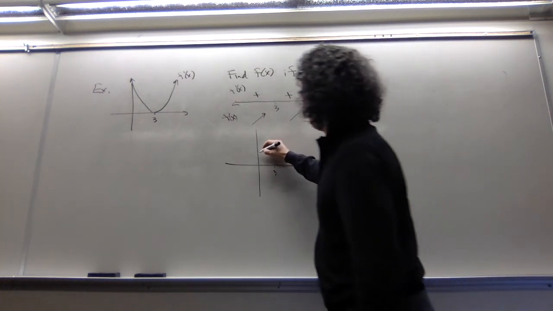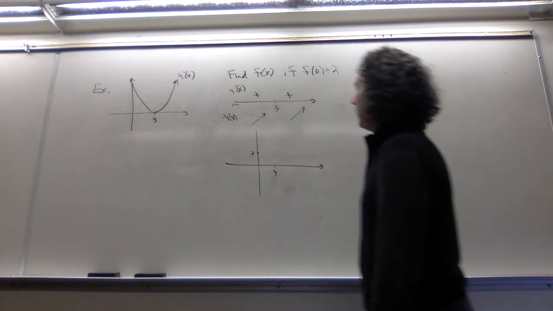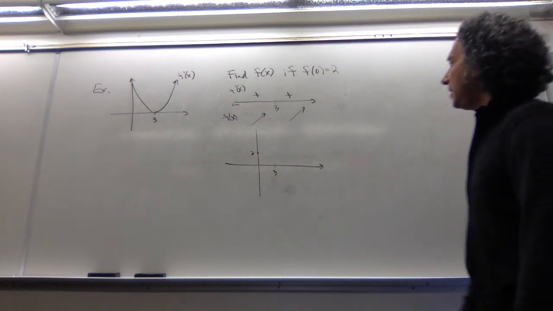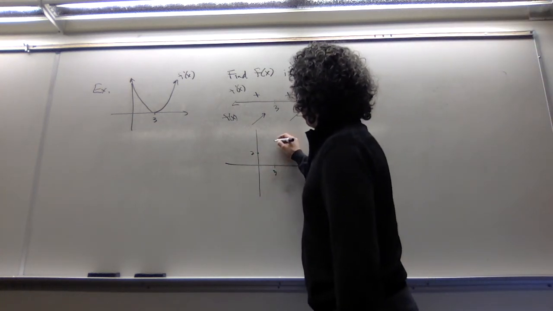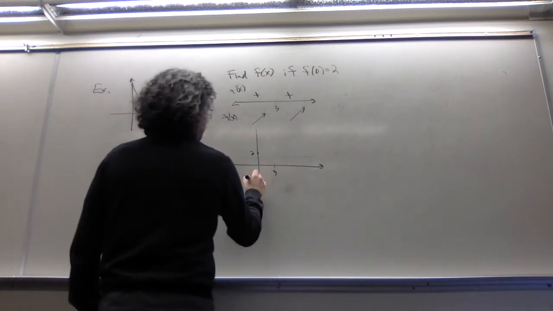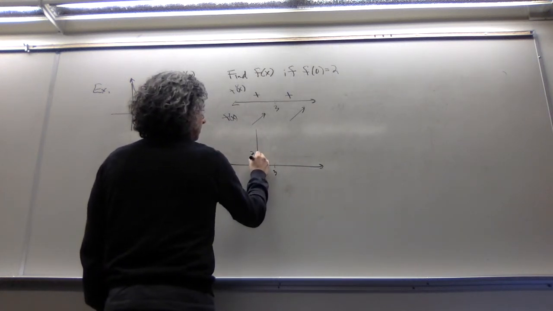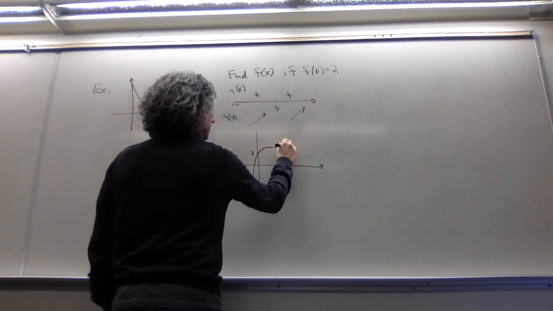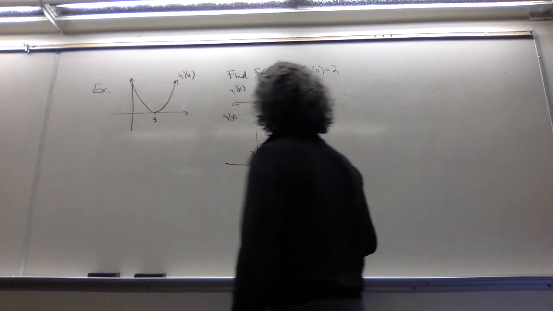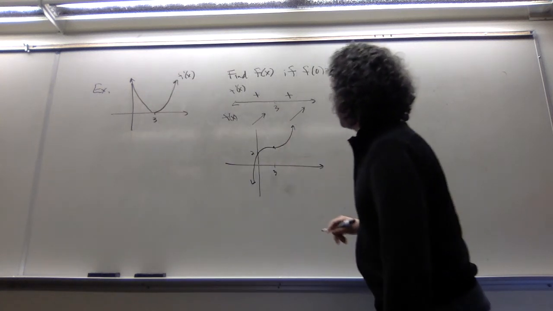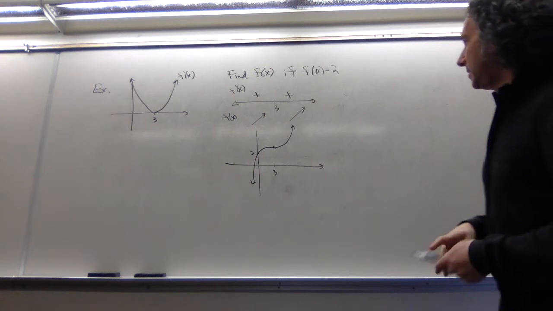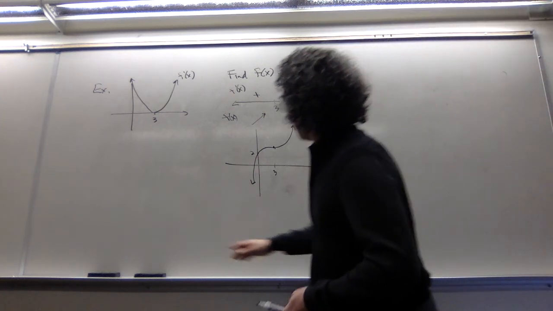So f of 0 is equal to 2, so it's going to go through that point. So I need to increase, horizontal tangent line, say horizontal tangent line over there. I could do a better job at that.